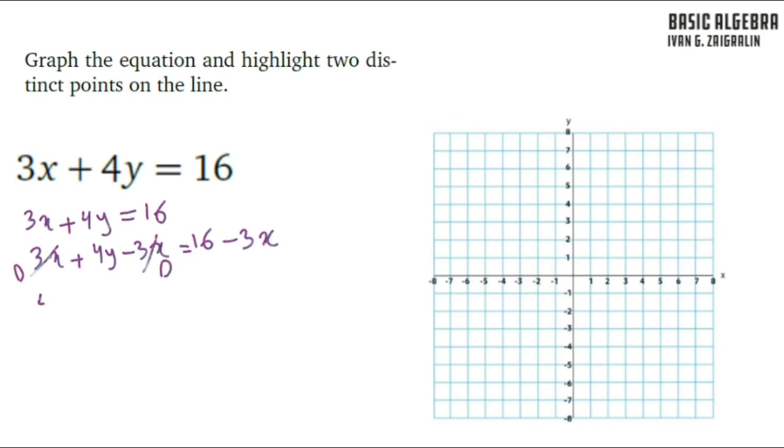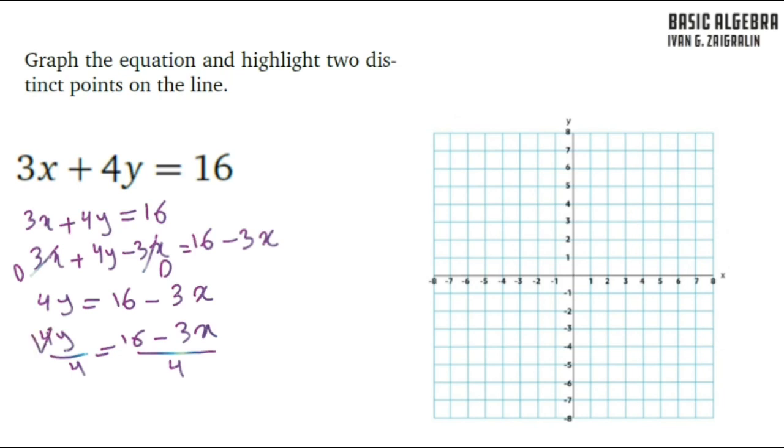So 4y equals 16 minus 3x, and in the next stage we divide each side by 4. So 4y over 4 equals 16 minus 3x over 4.